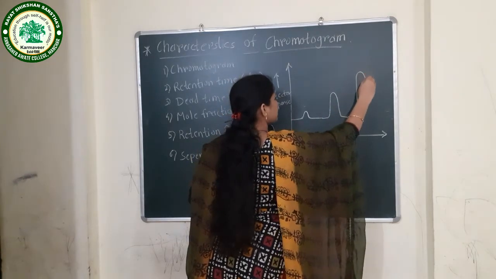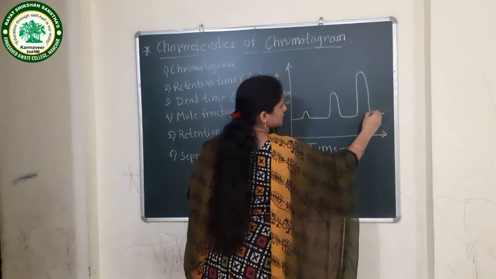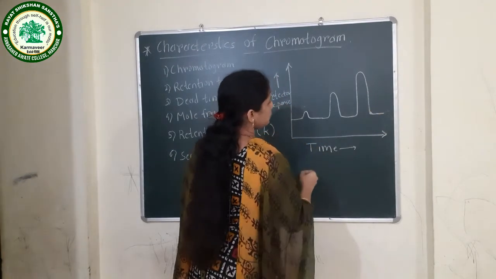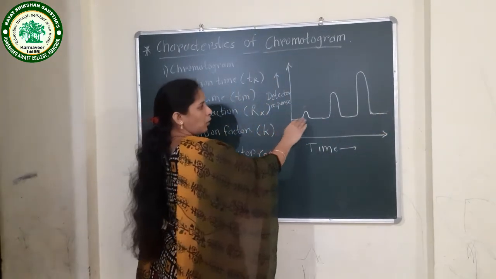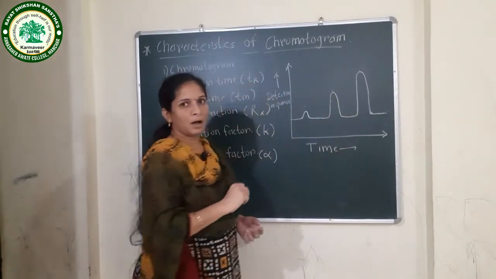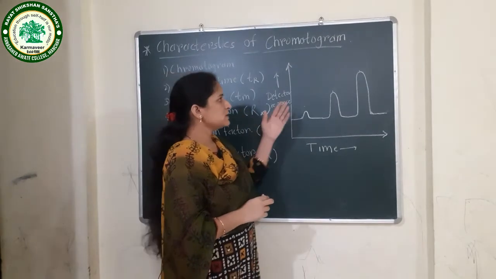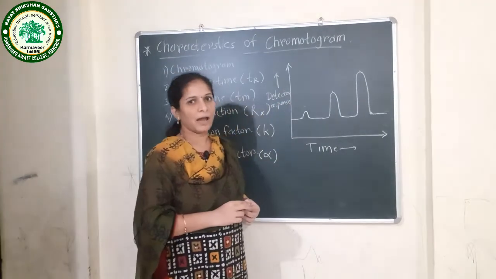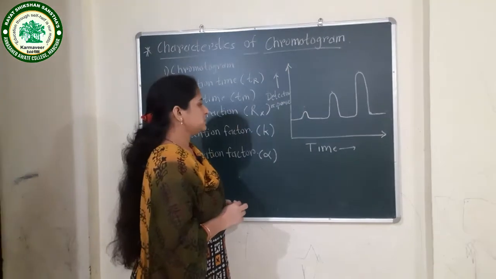We get well separated bands from the detector, so we can say that there is good resolution in this chromatogram. Now the number of peaks represents the number of components present in the mixture. From the height of the peaks we can identify which components are present in the mixture.